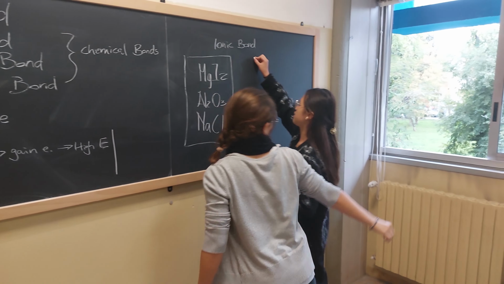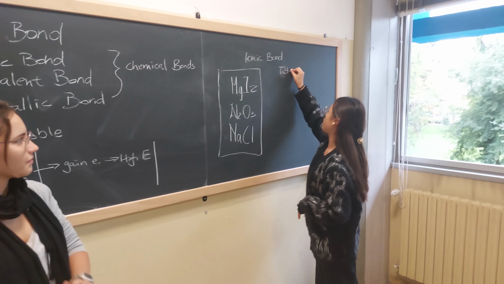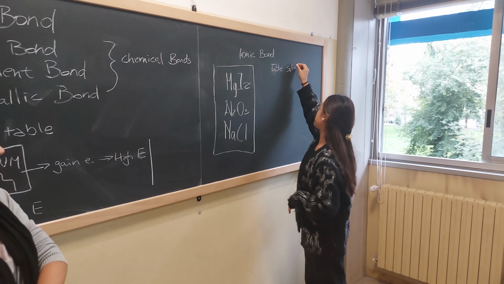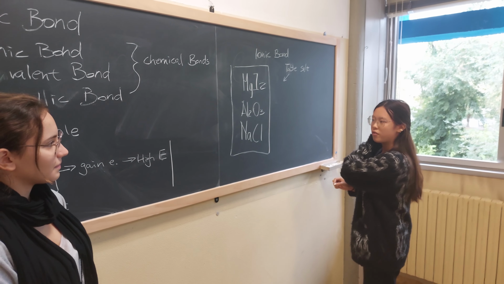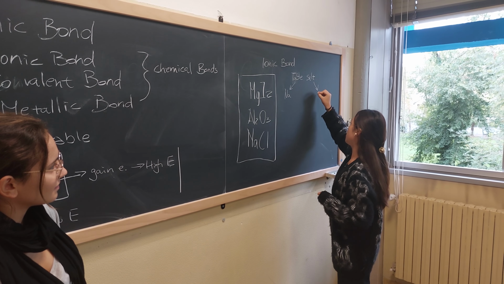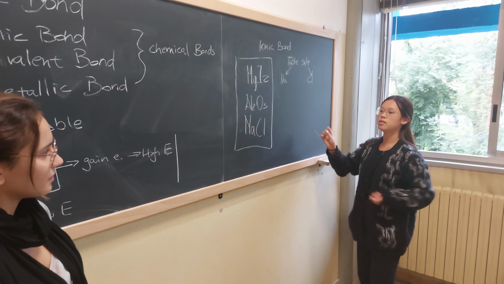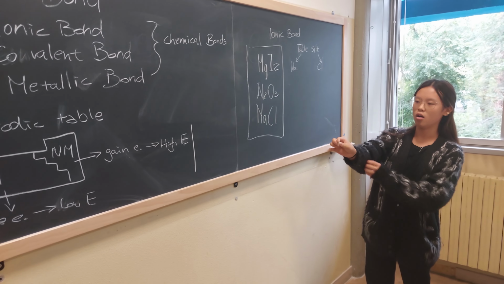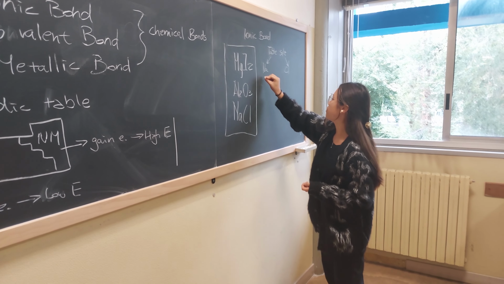So just to take an example, the table salt. The table salt is made up of an atom of sodium and an atom of chlorine. The sodium is located on the left part of the periodic table, so here, and this is a metal.